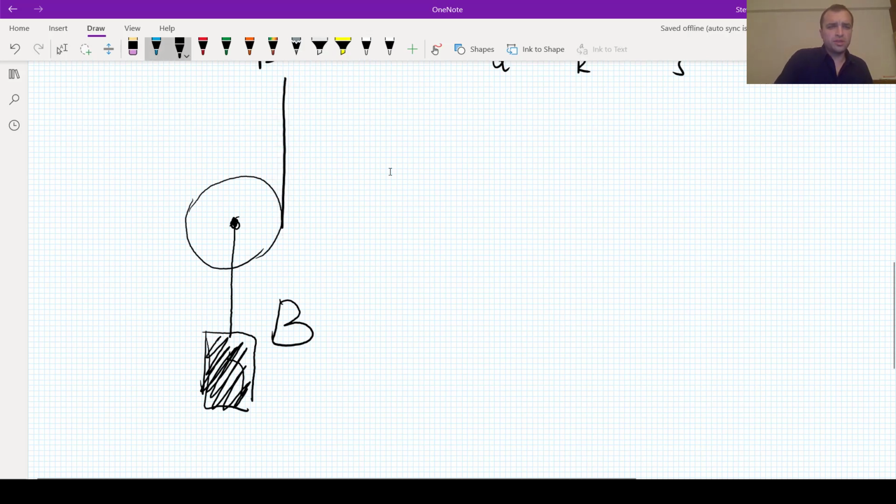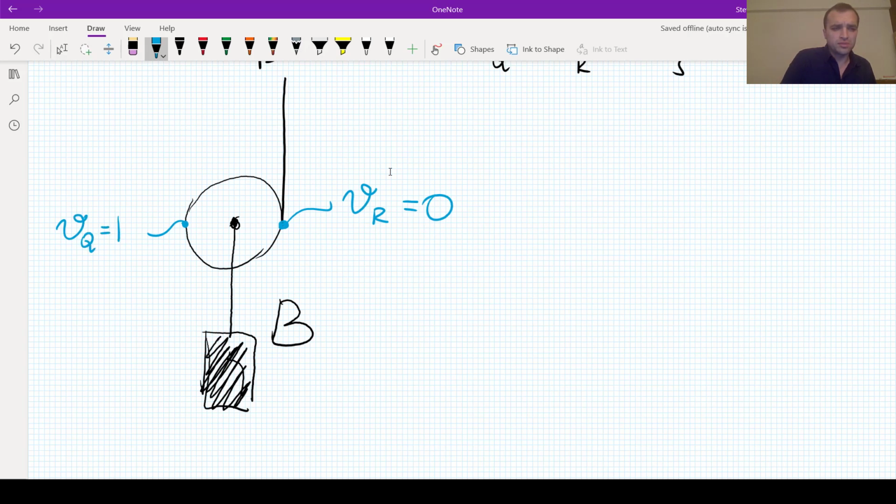That means that in particular, point R, excuse me for that, velocity of point R is also 0. Yes? Then we also said that velocity of point Q is v star, right? Which is equal to 10 feet per second.